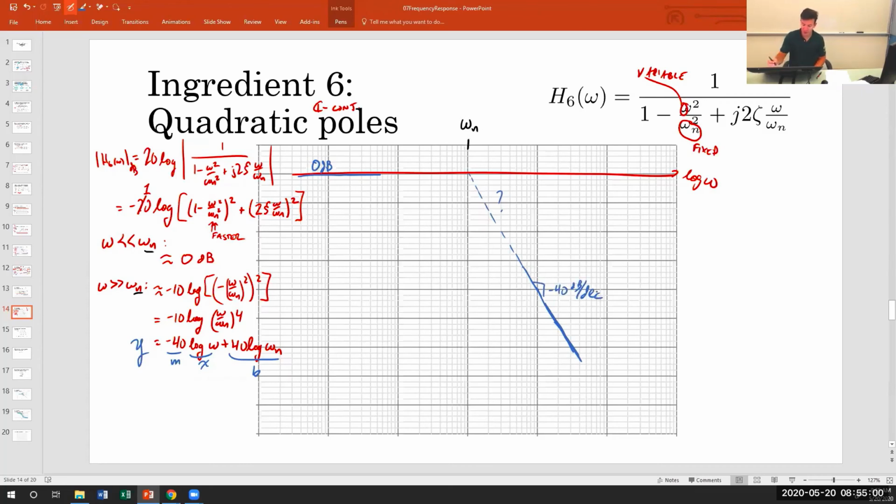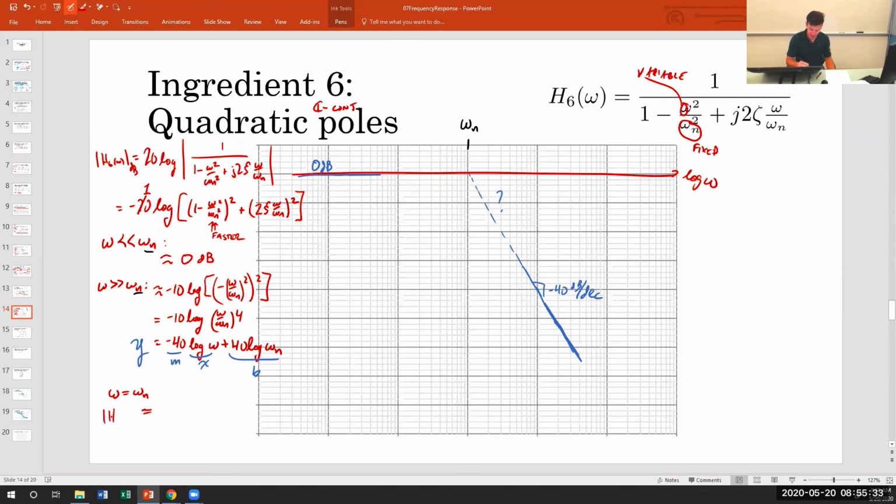Okay. Again, in 212, you would have just drawn these two straight lines, perhaps, and called it a day. But we are going to spend actually a significant part of this next lecture resolving this question mark about what happens when these two lines intersect. And to give you a taste of that, we're not going to be able to get too far on it. I want to do the third case. I want to say let omega equal omega n. And then we're looking at, so this is then, there's no approximation here.